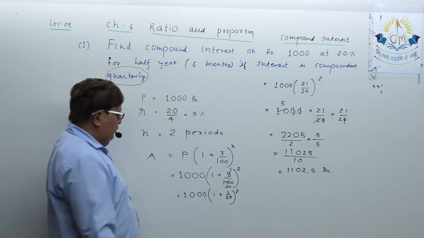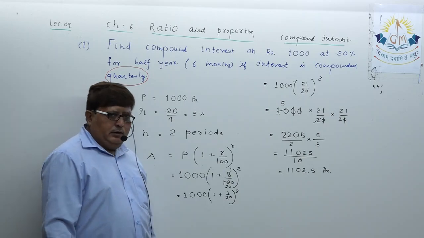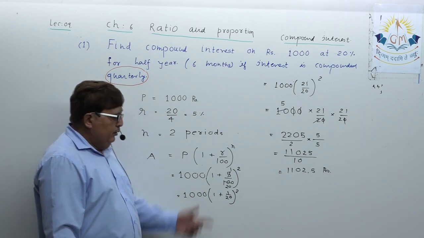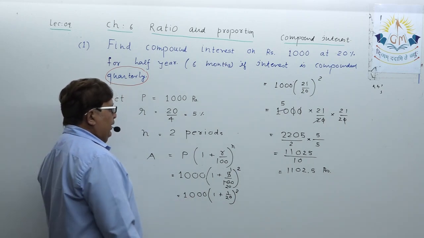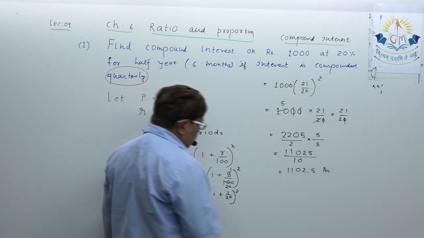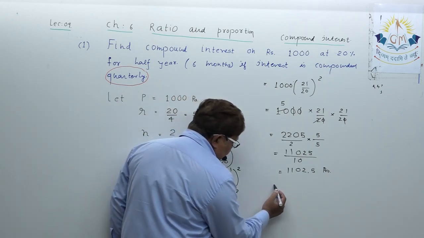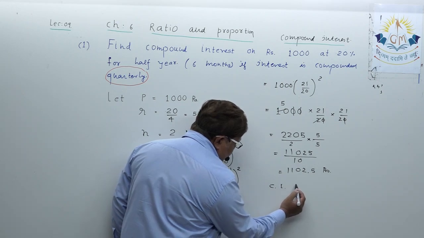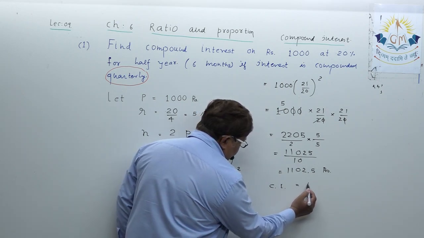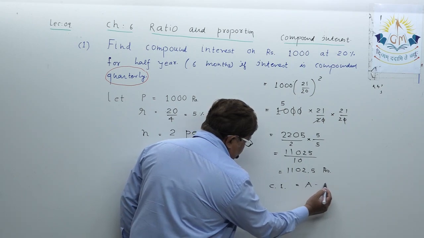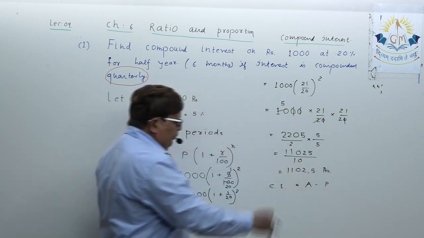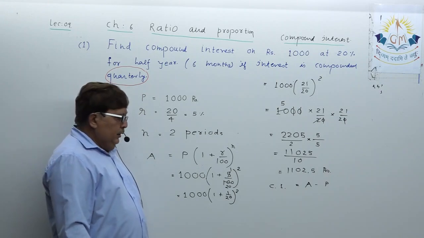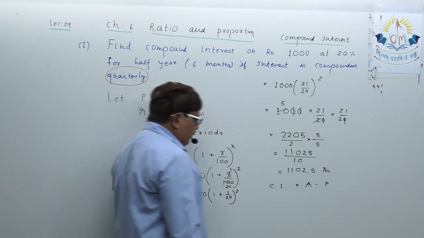This is the compounded amount we got. Let us calculate compound interest. Compound interest is equal to, as you know dear student, A minus P, amount minus principal.